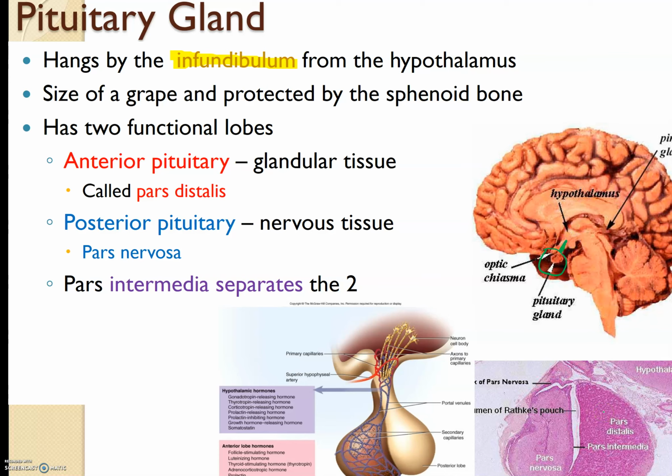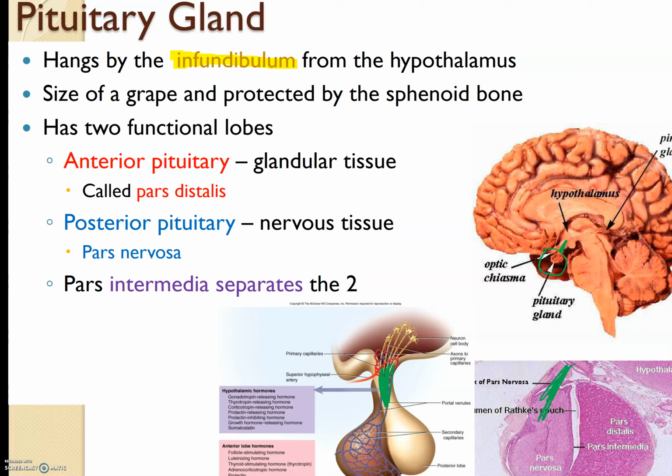So we have this infundibulum right here, and it is mostly connected to the posterior pituitary, while the anterior is hanging on. So here's the hypothalamus. Within infundibulum would be right here, attached to the posterior pituitary. And if you looked at the posterior pituitary, it really looks like white matter.